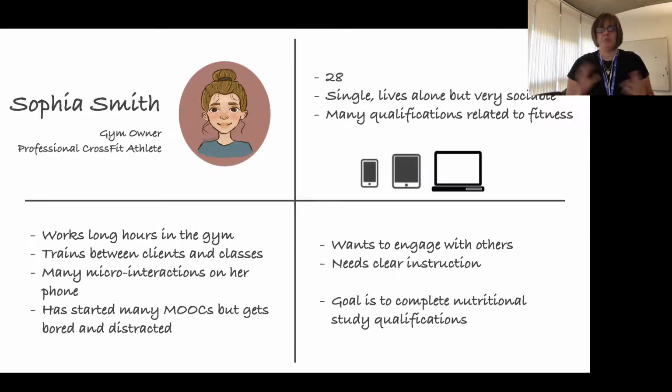But MOOCs aren't really for her. So this is a project about fitness education. She wants to engage with other people but needs clear instruction in order to progress and continue within that process. And her goal is to complete this nutritional study qualification. So the aim of the project is to develop a system that can support a person like Sophia to get to the end point.